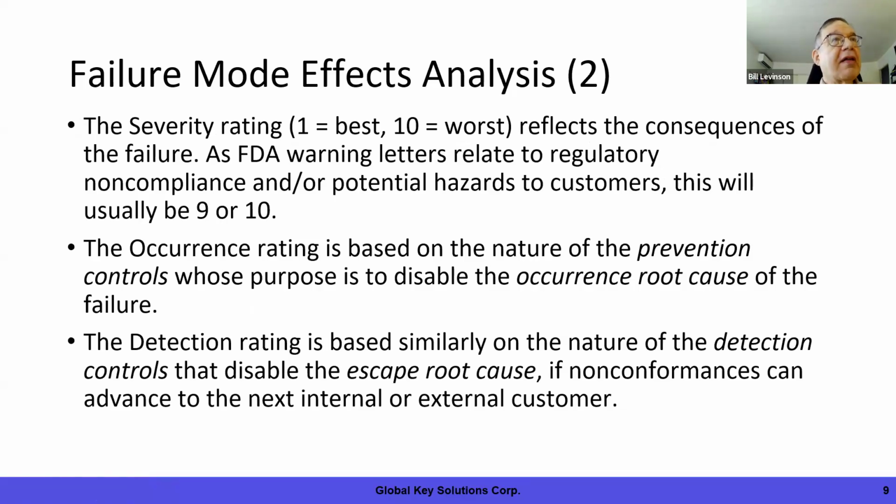The occurrence rating is based on the nature of the prevention controls that disable the occurrence root cause of the failure. The detection rating is based on the nature of the detection controls that disable the escape root cause, which is the reason the nonconformances can advance to the next internal or external customer, assuming that they do.